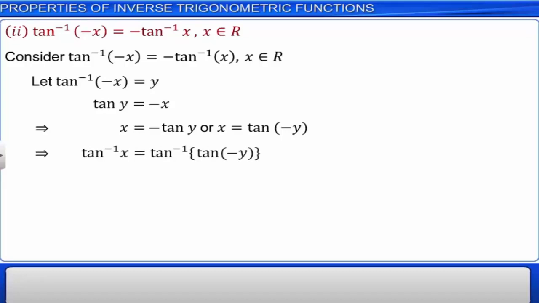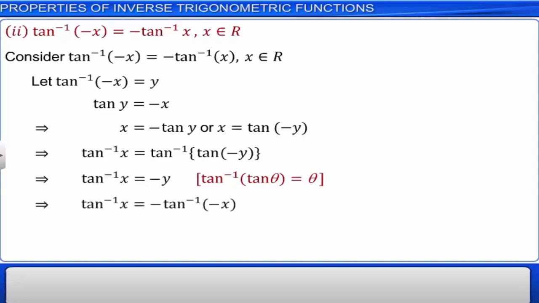Now, tan inverse of x is equal to tan inverse of tan of minus y. This implies tan inverse of x is equal to minus y, since tan inverse of tan theta is equal to theta.